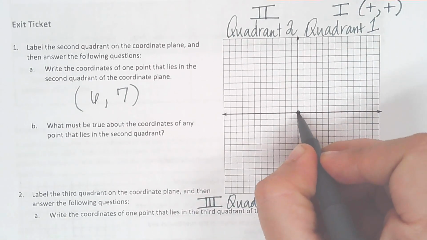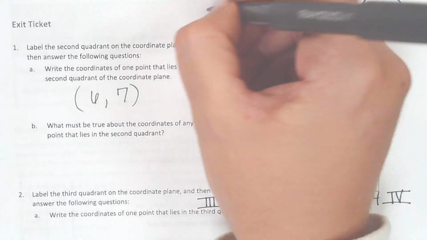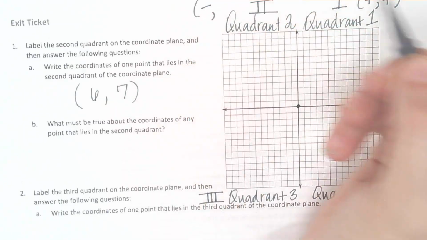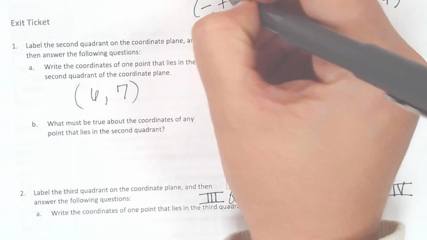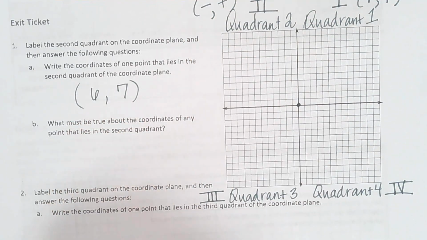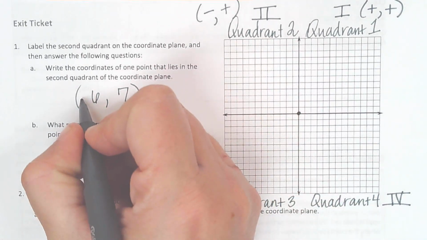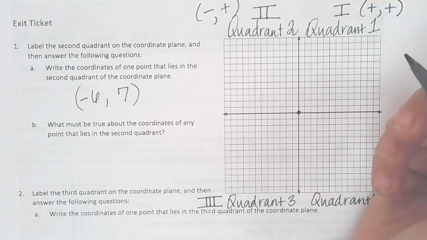For it to be in quadrant 2, what does X have to be? Negative. And what does Y have to be? Positive. So what do I need to change here? It needs to be -6. Go plot that.